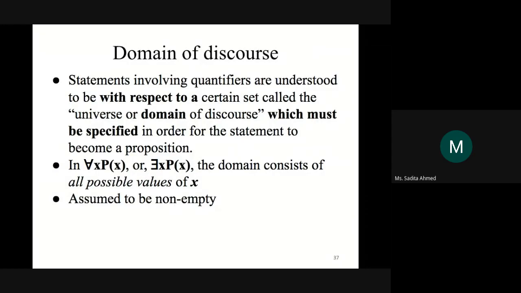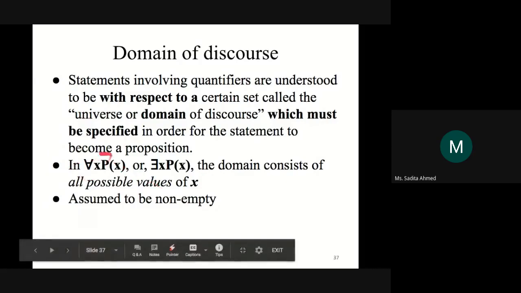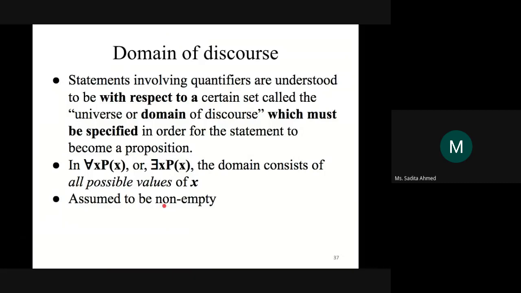It says that as long as the propositional function is true for each and every value of x from the domain, for all possible values of x from the domain, then the universal quantification is true. Now, if the domain is empty, what do we have?